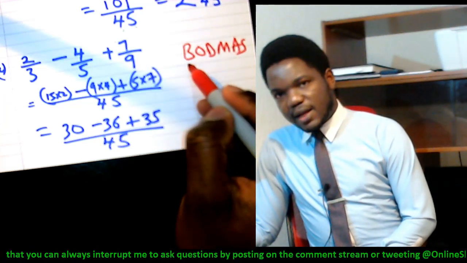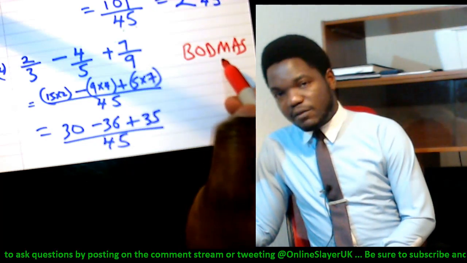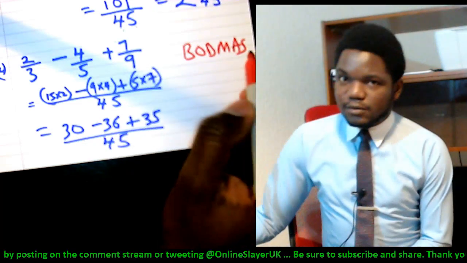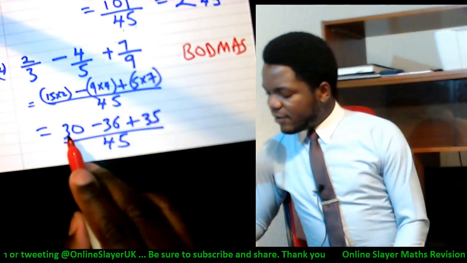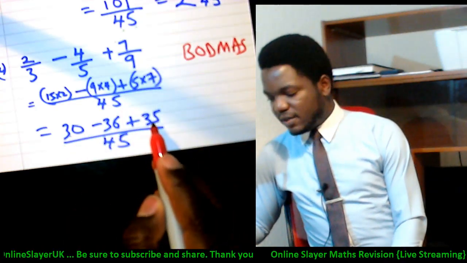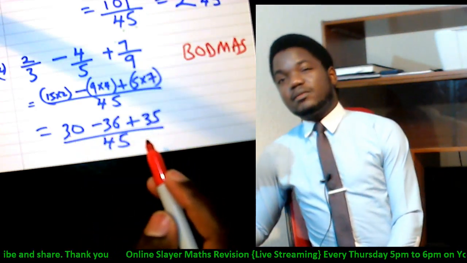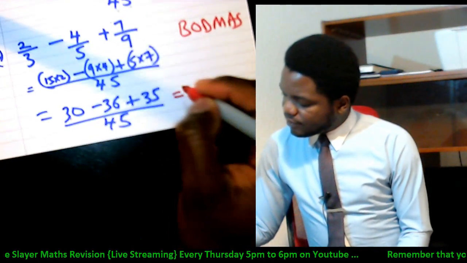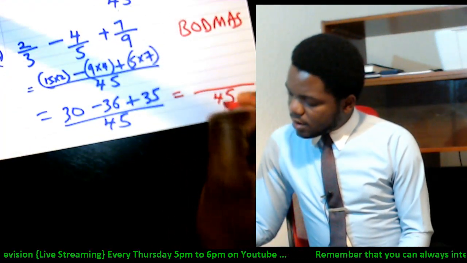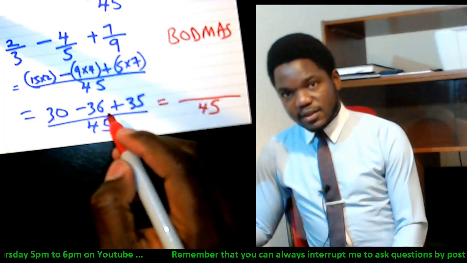So you solve the bracket before you solve the of, and then you solve division problems, then multiplication problems, addition problems, and then subtraction problems. Here you've got 30 plus 35, and you've got minus 36. So let's solve the addition problem so we can do the subtraction once. So this gives you 30 plus 35 minus 36.